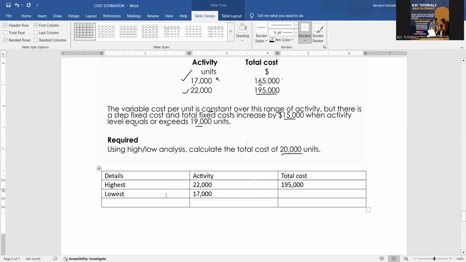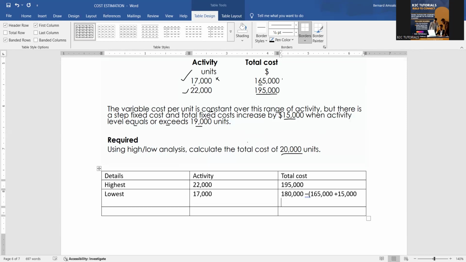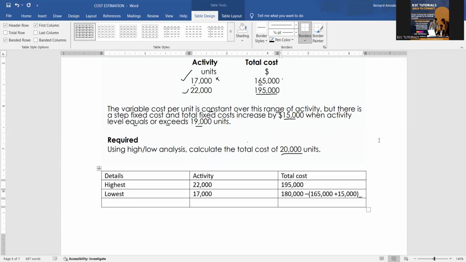So the total cost would be 180,000. Why? Because I am saying that anytime you produce above this 17,000, you should have the step up of its cost. So we would have our 165,000 plus the 15,000 fixed cost to ensure that the costs are the same so that we can determine the variable cost.